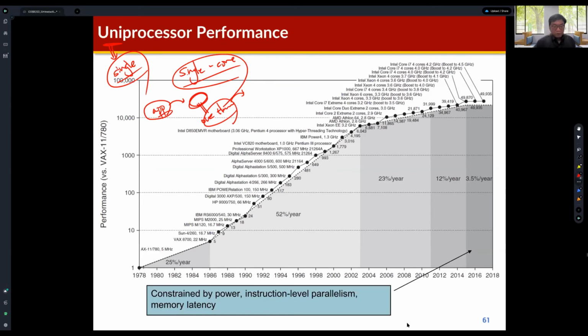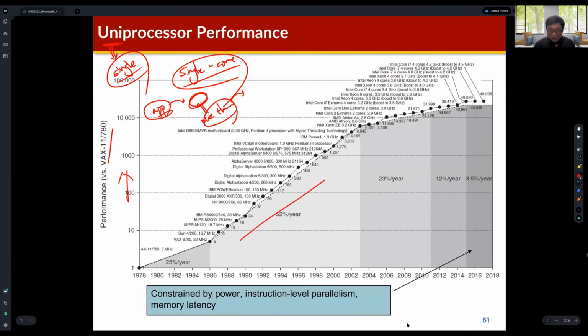So let's see the performance trend. We compare the performance of different processors over this reference machine, a reference CPU. It's a very old CPU. As you can see, the performance is increasing continuously. But as you know, this y-axis is a log scale axis, right?